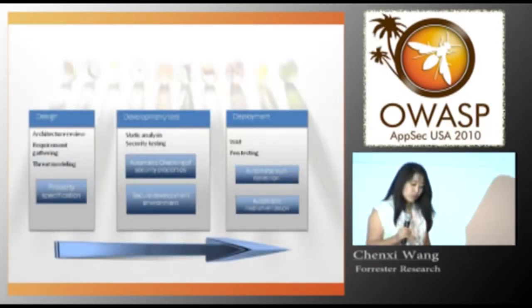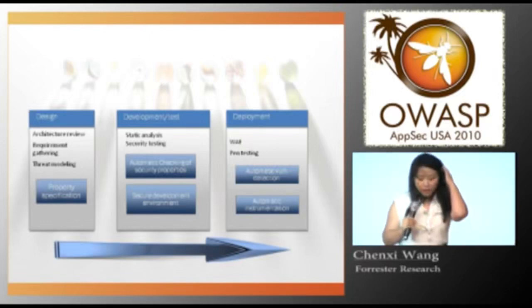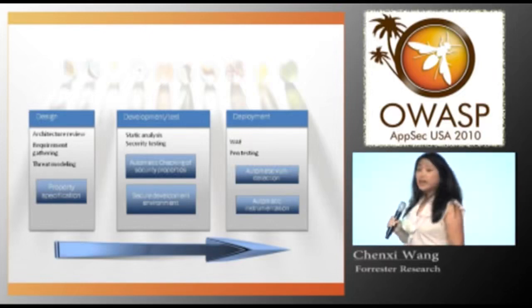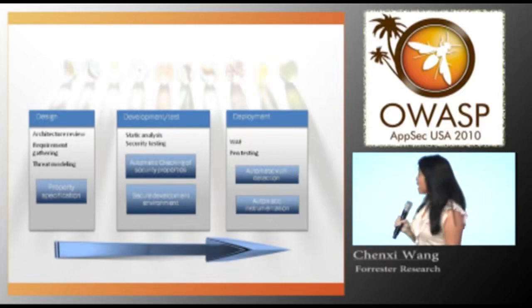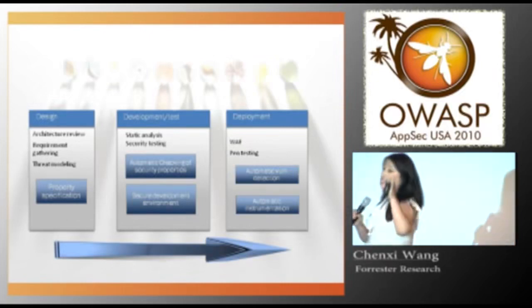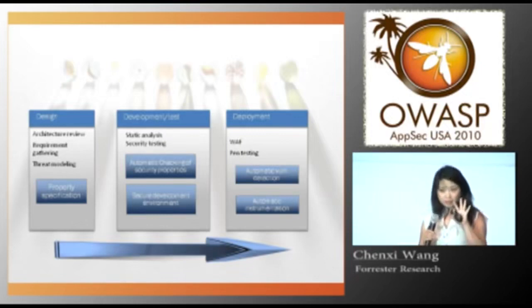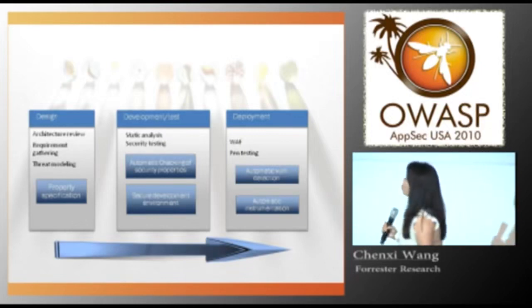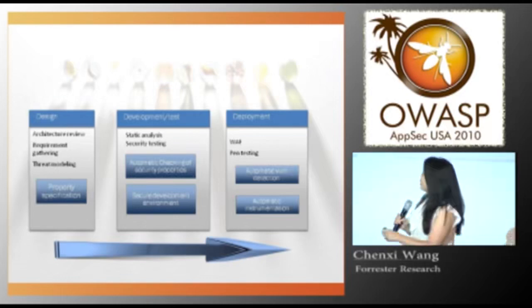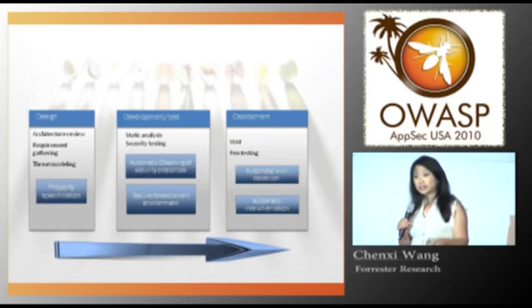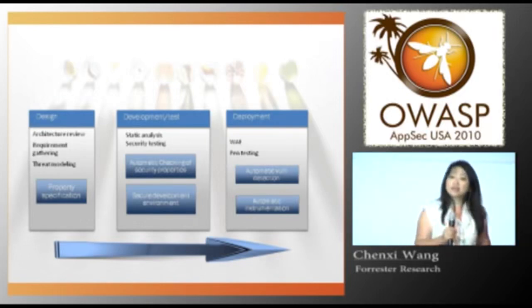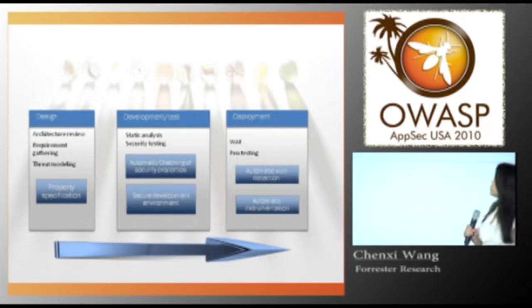So, run through the life cycle. In the design stage today, we may have architecture review, we may have threat modeling, some of the companies are doing it, a small number of them, and requirement gathering and whatnot. With this new model, we will add security property, safety property specification in the design stage.